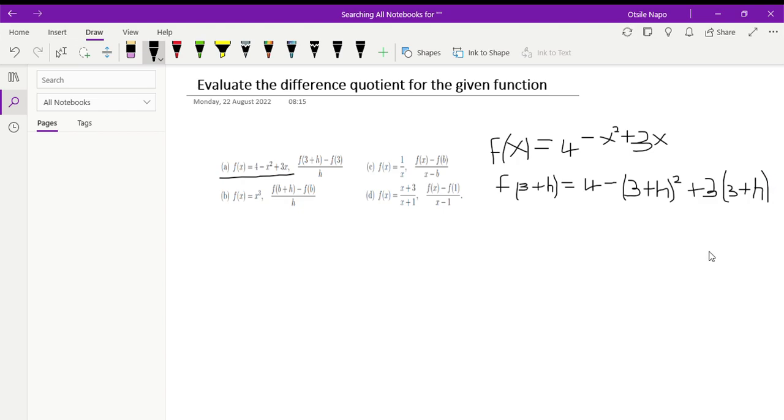So this doesn't have a square, it's just 3 plus h. Therefore we expand here and multiply throughout. Then after we multiply throughout, we get the function of f of 3 plus h.